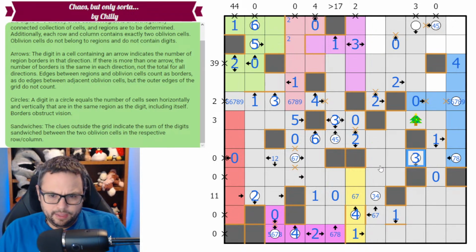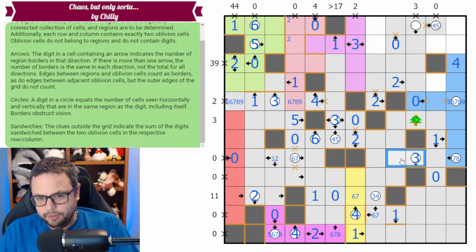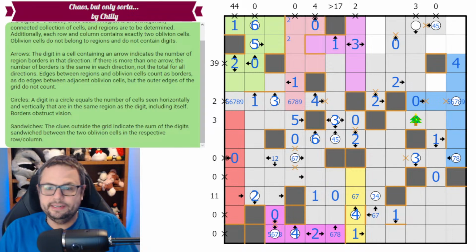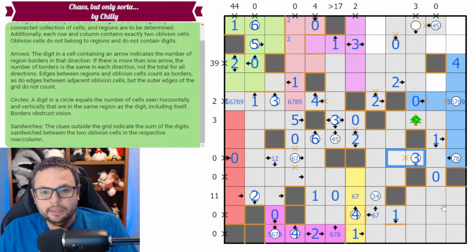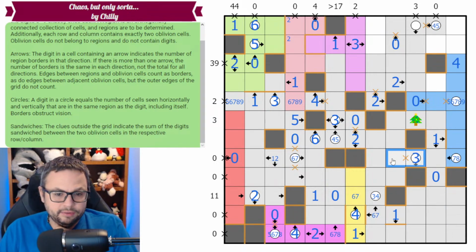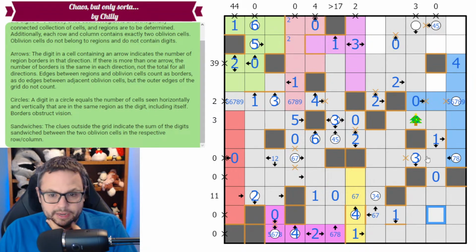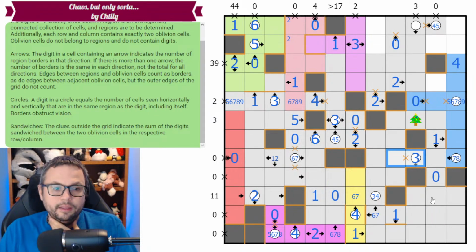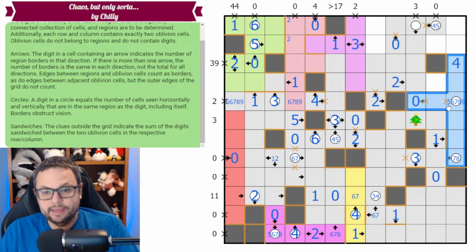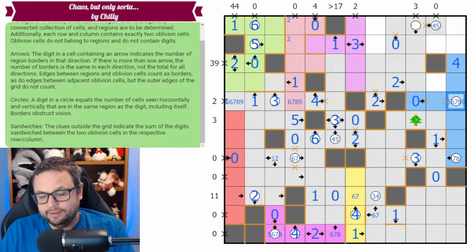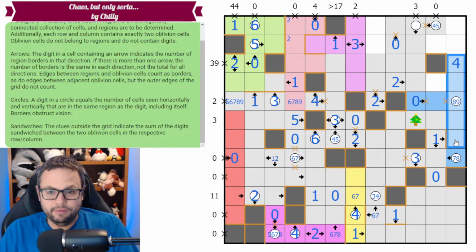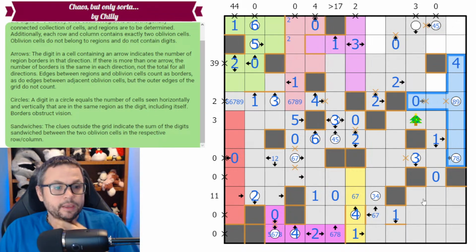And the 3, which is not blue, we now know has to extend to take at least that cell. Because otherwise, we run into issues. 1, 2, 3, 4, 5, 6, 7, 8. So this is now a minimum of 8, is pointed out just by counting 1, 2, 3, 4, 5, 6, 7, 8.